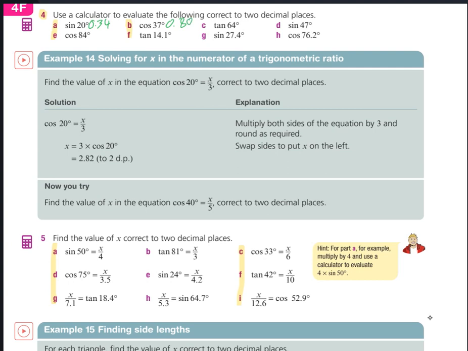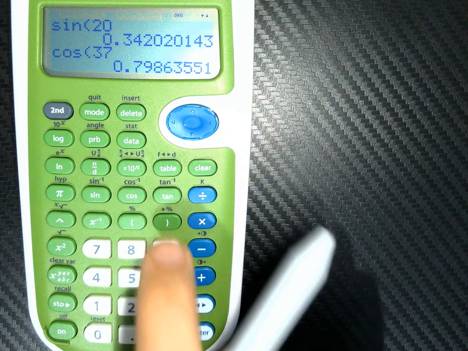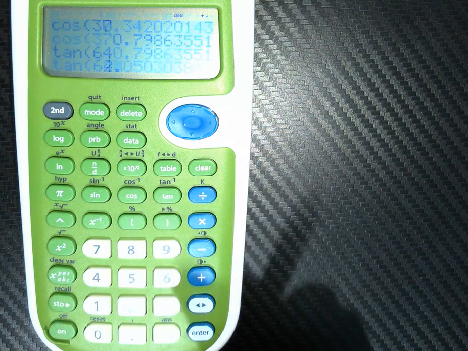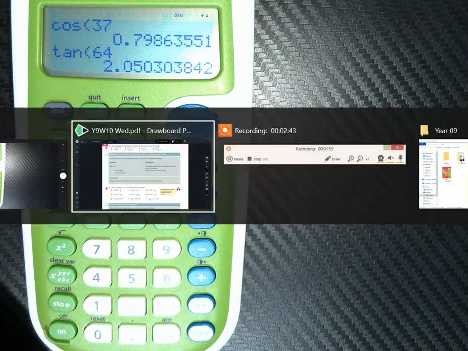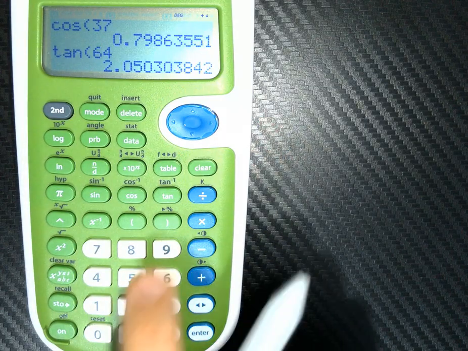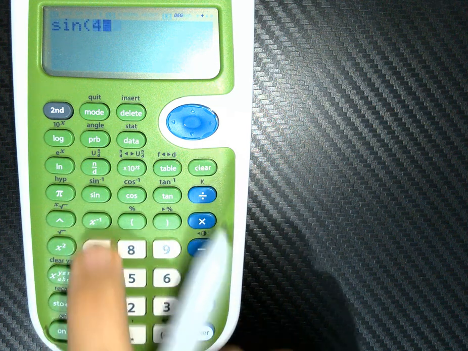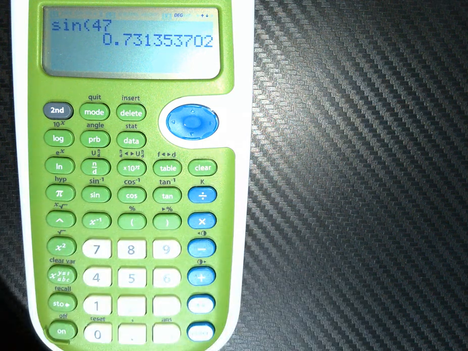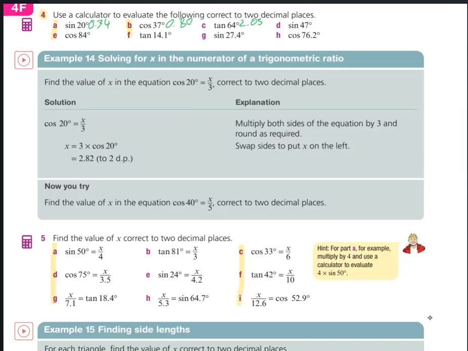I'll just go 0.80. Next one, tan 64. So I type in tan 64. 2.05. Next one, sine 47. 0.731, which would just be 0.73.